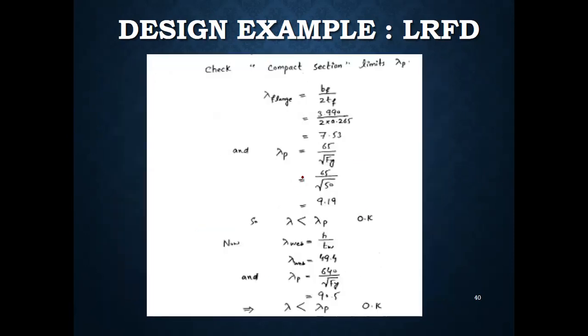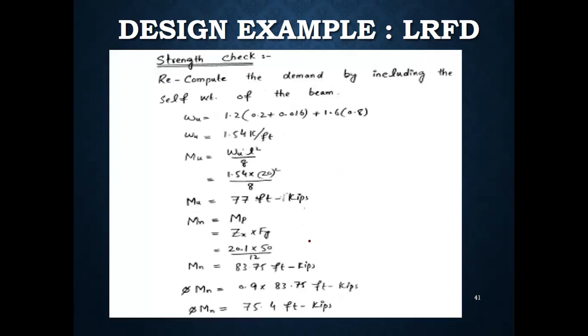Then we apply the compact section checks by looking at the compact section criteria in chapter 1 of the AISC manual: the values of bf by 2tf and h by tw. Again, both criteria are satisfied for this problem as well. Then we check the strength of this member.